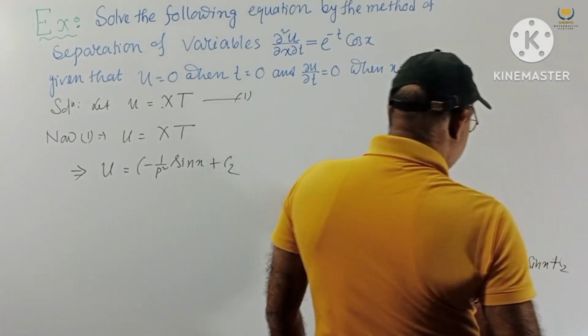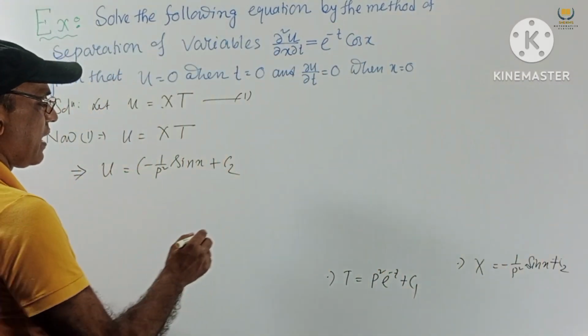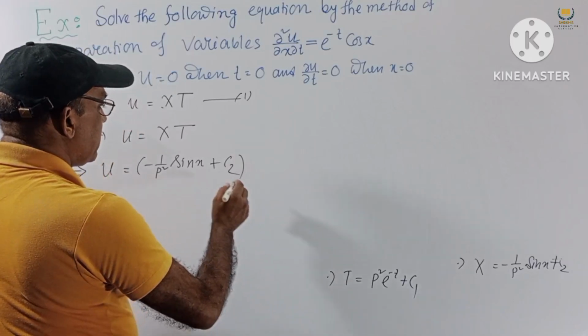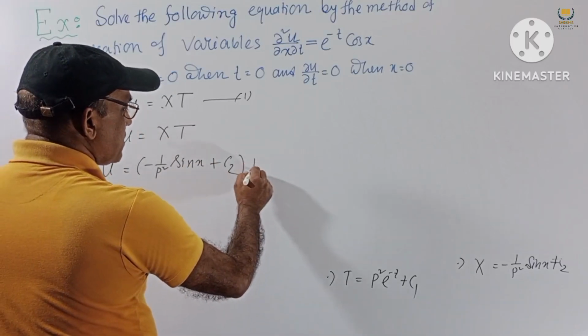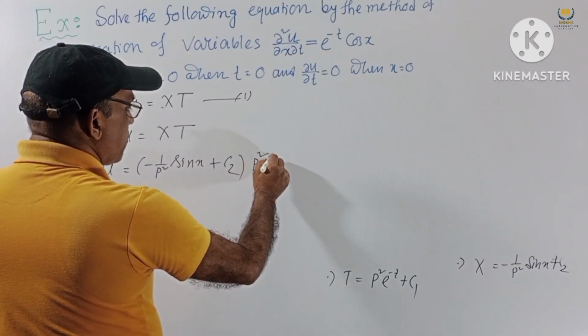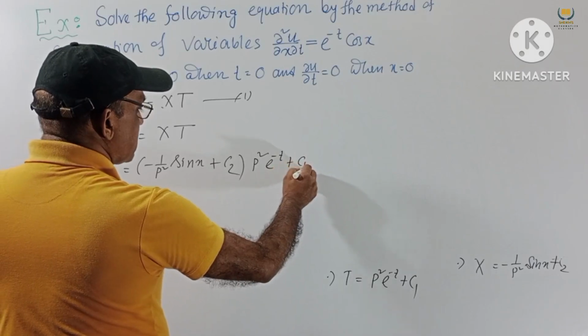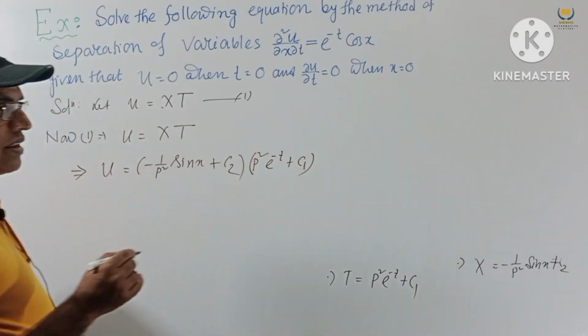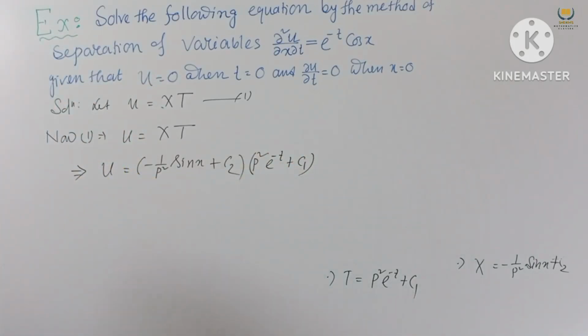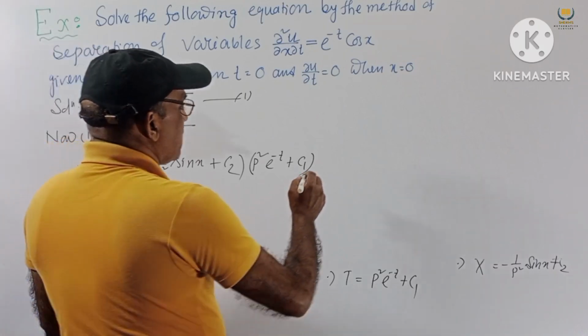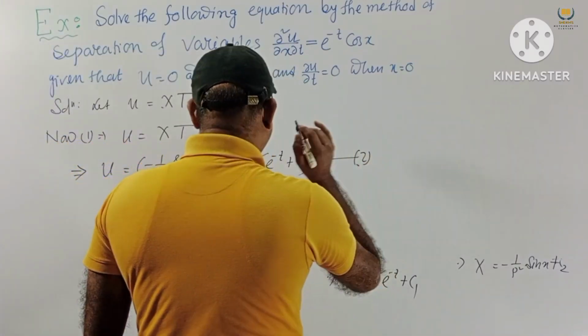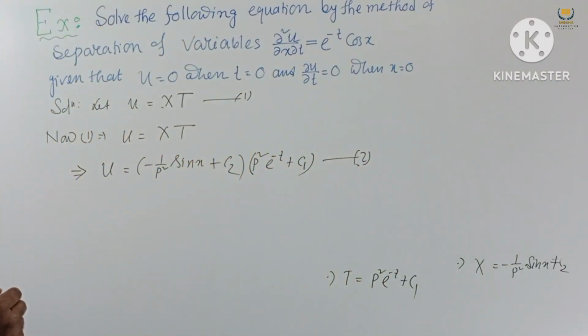This x value, and this is t, xt. T means p square e to the power minus t plus c1. We get this one. So this we consider number 2.